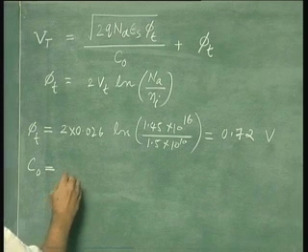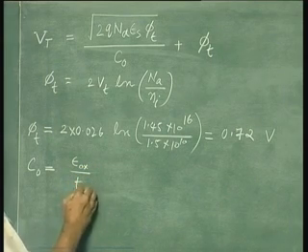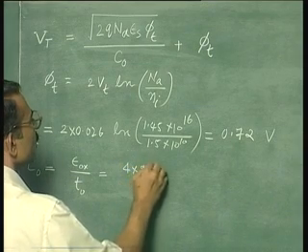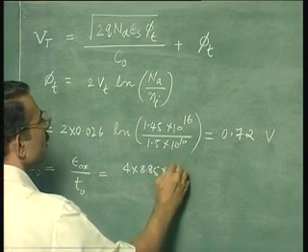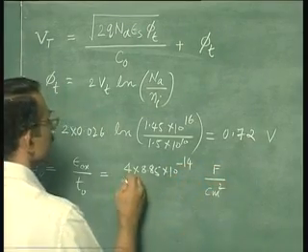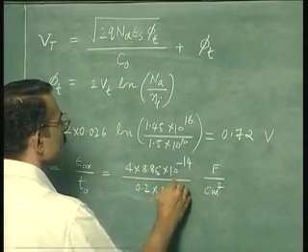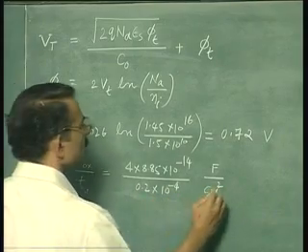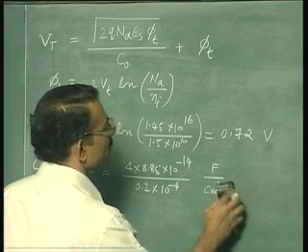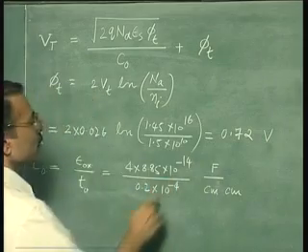So C naught is epsilon ox upon T naught, which is 4 into 8.85 into 10 power minus 14 farad per centimeter, divided by T naught, which is 0.2 microns, so 0.2 into 10 power minus 4 centimeters. I am sorry, this is farad per centimeter and divided by centimeter.